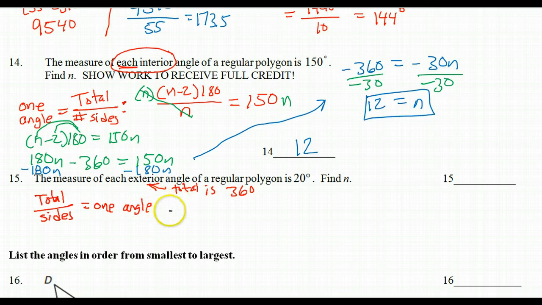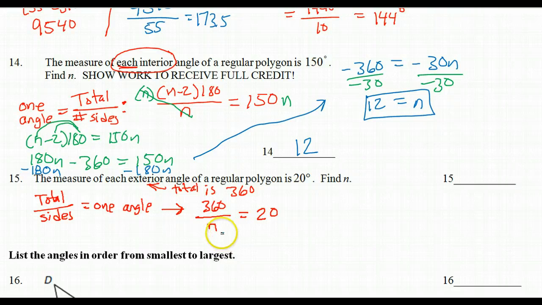Keep that in your mind. In this case, the total is always 360. Divide that by the number of sides. It says find n, which means I don't know the number of sides. But that should equal one angle. Look, the measure of each exterior angle is 20 degrees. So they're telling us that one angle is 20 degrees.